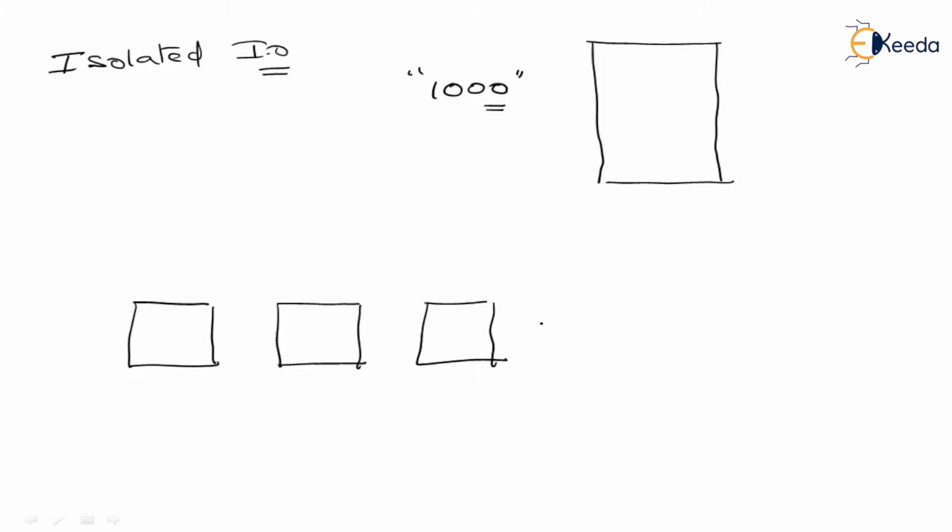Now to communicate with the IO devices, I do require an interface. Now in this case, each device is using a separate interface. This is interface 1, interface 2, interface 3, and interface 4. And each of these interfaces has 100 registers. Okay, meaning 100 locations within each interface, 100 registers.